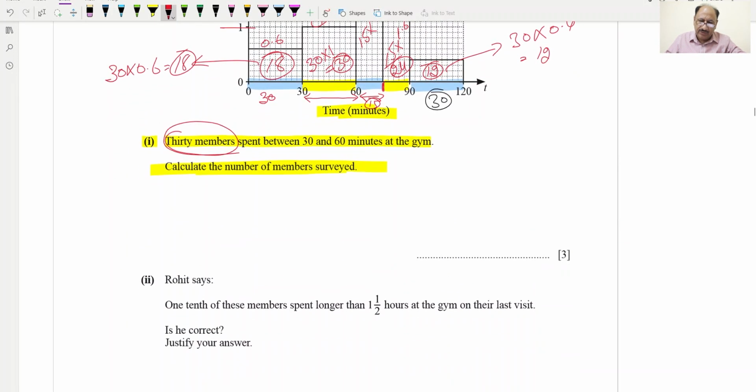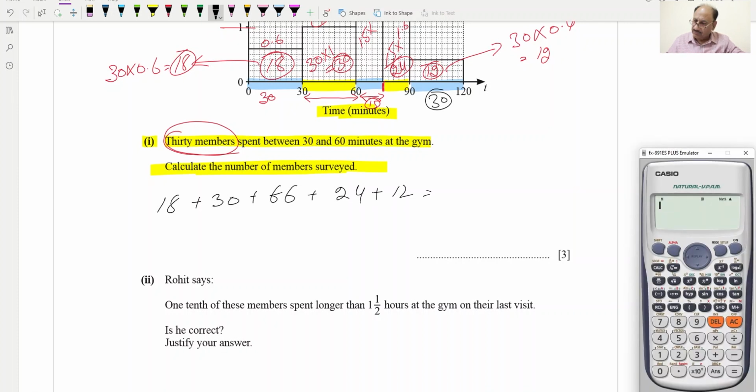Now we'll be adding all of this for the total. So 18 plus 30 plus 66 plus 24 plus 12 is adding up to 150.